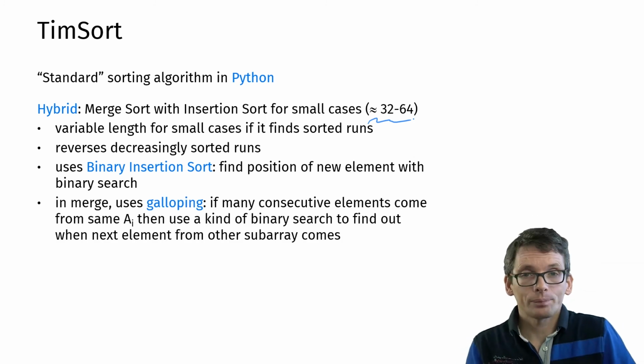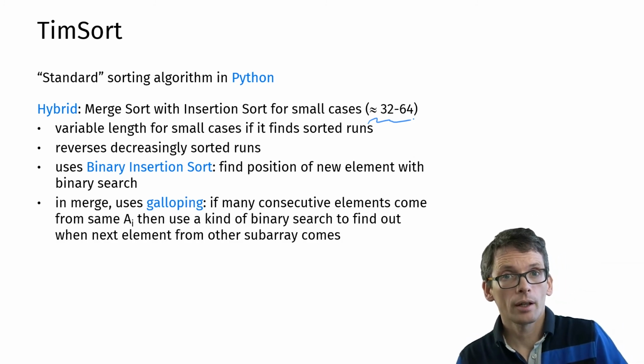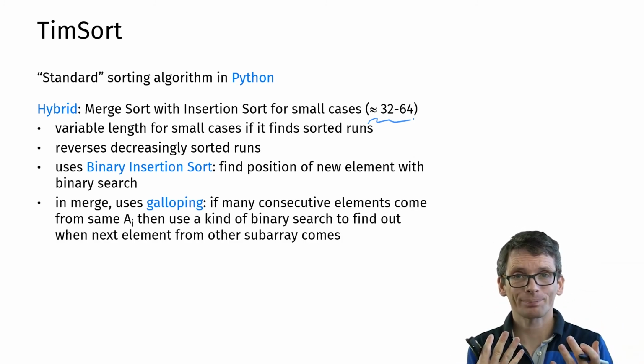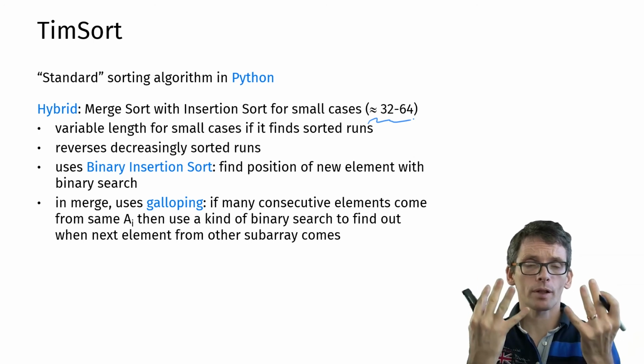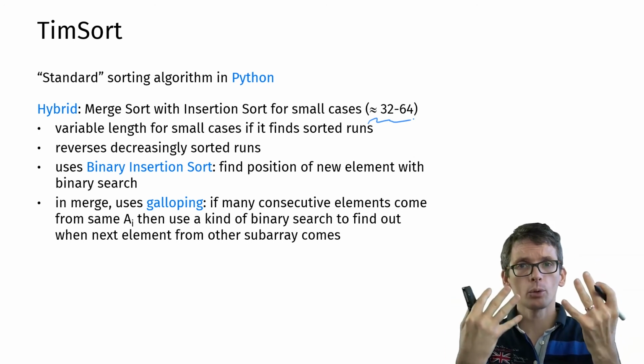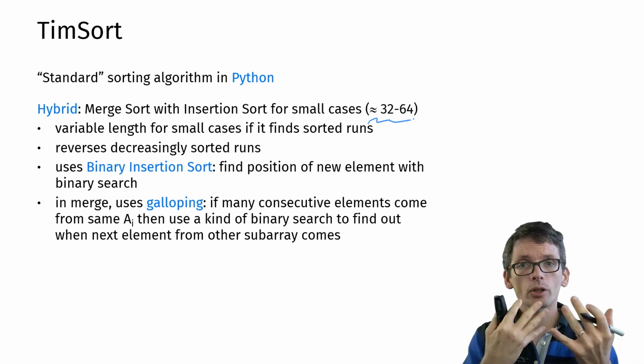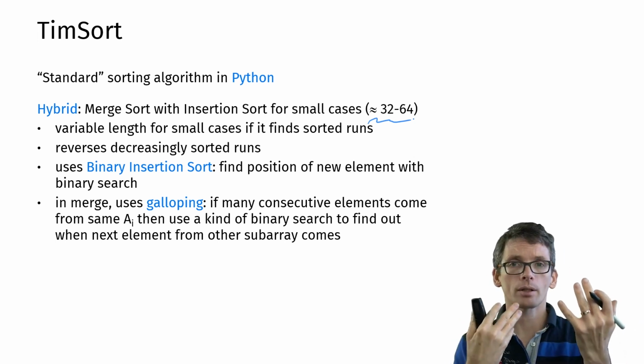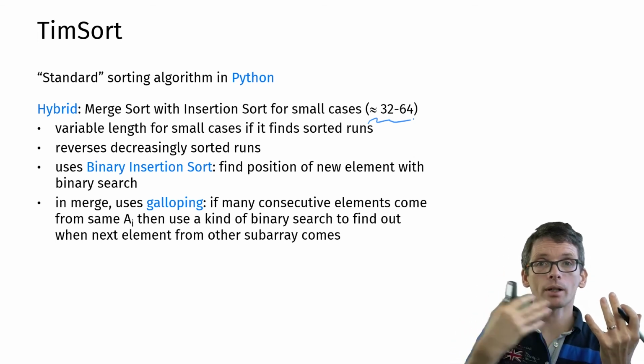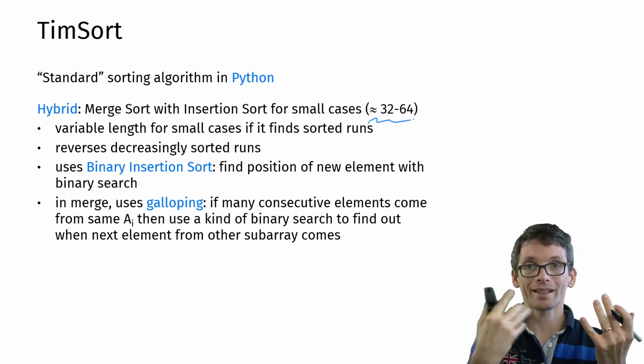And then there are more tricks concerning the merging of merge sort. If you think of the merging, you have two runs that you want to merge. You look at the smallest number in both runs, take the smaller one, put it at the beginning, then take the next smallest, and so on.